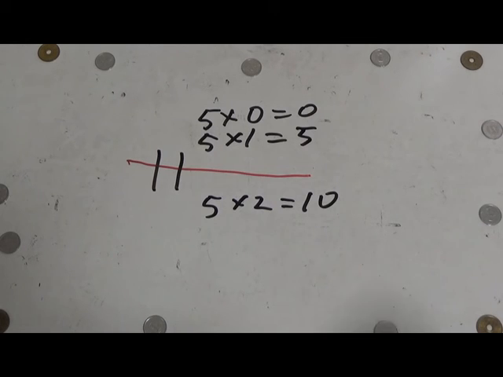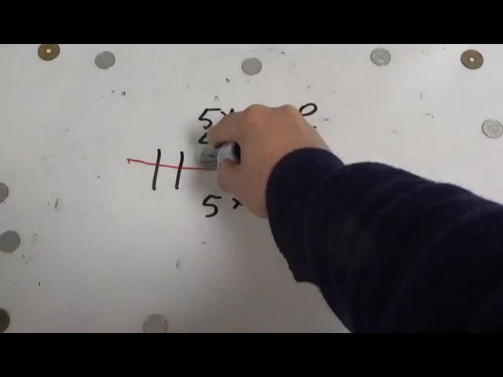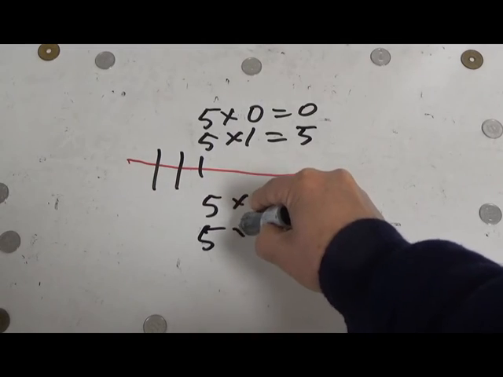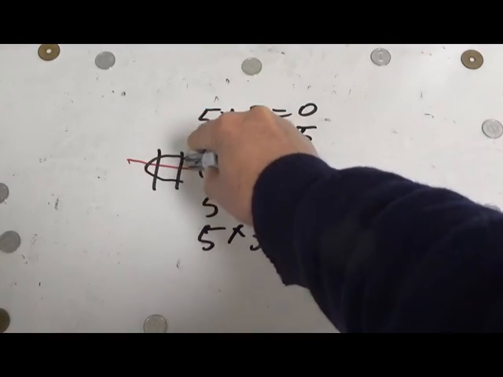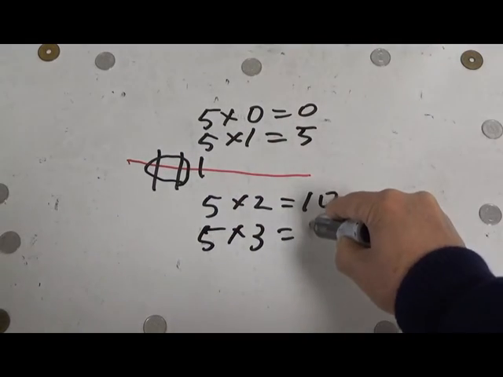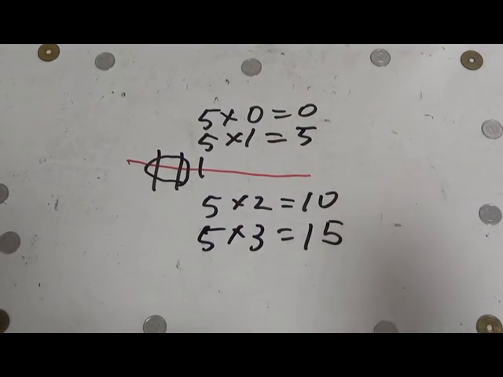And so on. 5 multiplied by 3 makes 10, and remaining 5, 15.